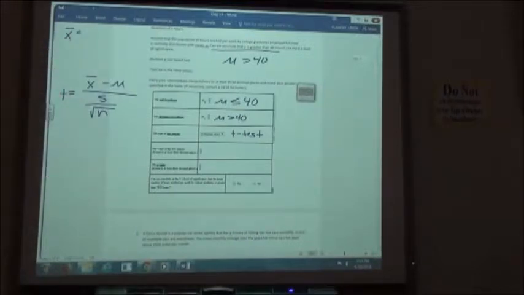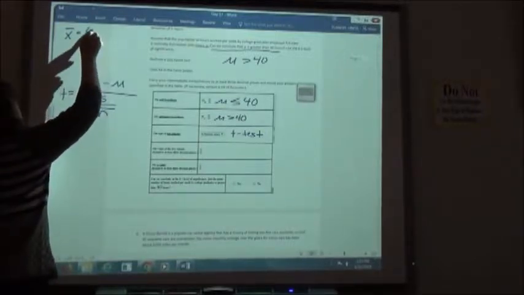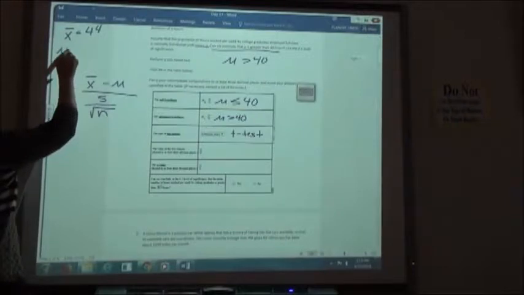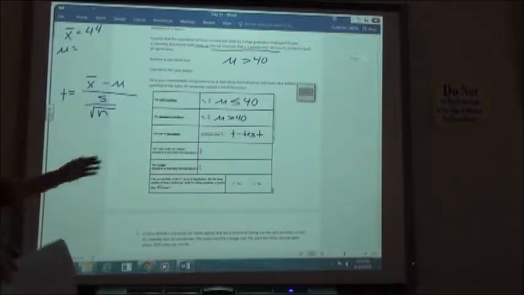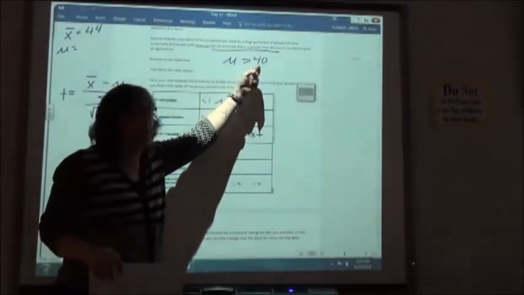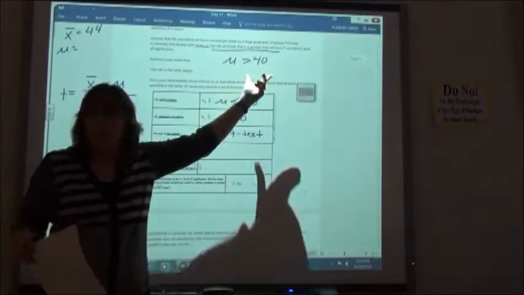So if you read through there, for the sample, what is the mean that they tell you you have? 44, exactly. That's what it is. Then we're going to do the mean from the population, which is what we're actually going to be estimating. And that'll be this number here that we're trying to compare it to. Is the mean really 40 hours?